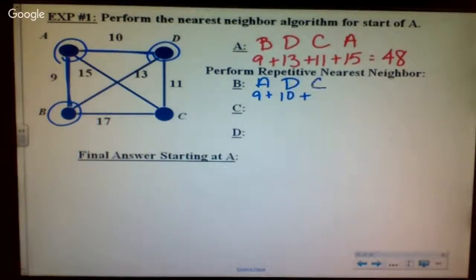And then you have to go to C, so there's 11. And then we always go back to the start. This time we started at B, so there's 17. 47. Okay.